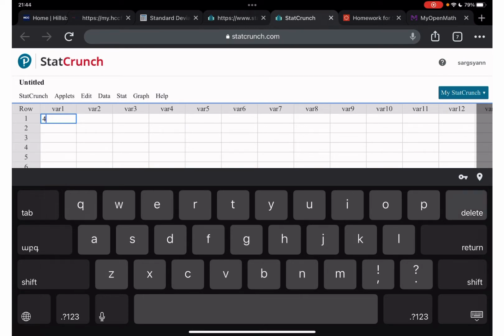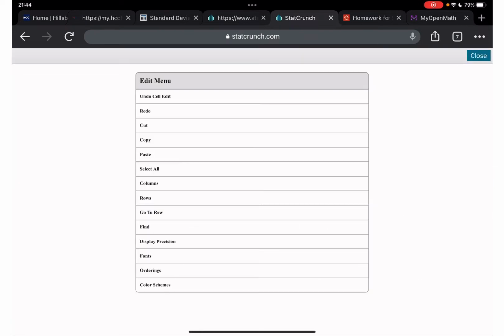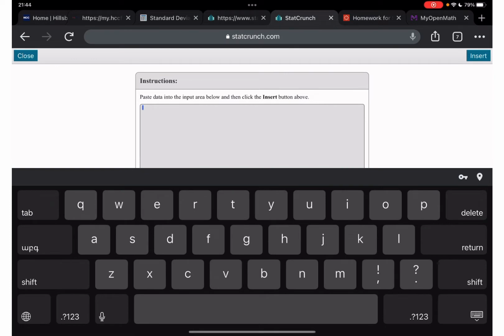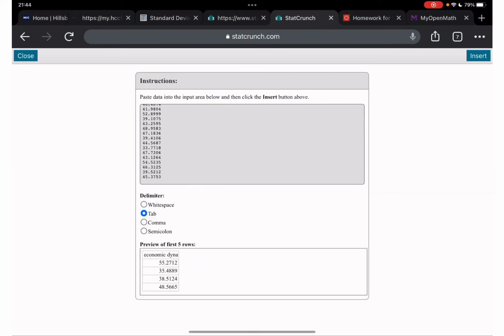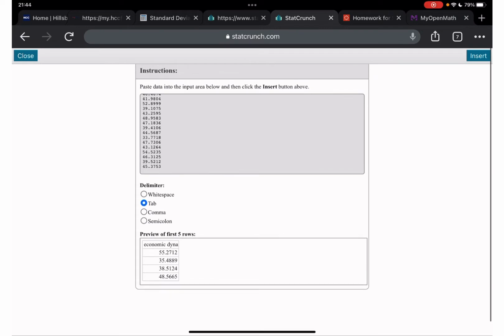How was I copying? Yeah, here is edit, I mean pasting here. And insert. I don't remember if we were using white space or tab. I think it's tab. We'll see. If not, then we come back and pick white space.